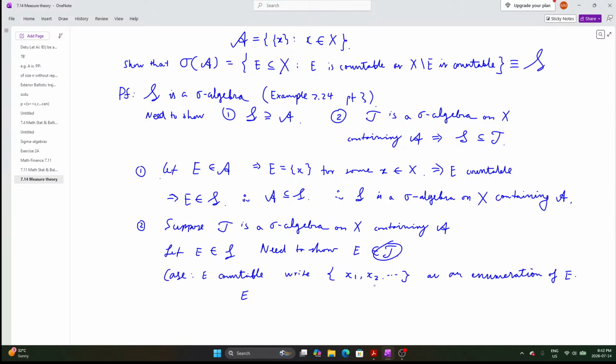No, not really. How do we show this is in T? What does E in T mean? T is a sigma algebra on X that contains A.